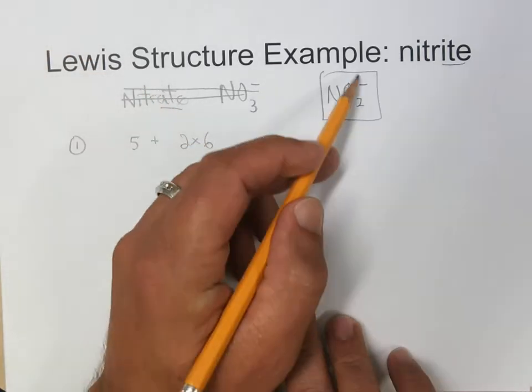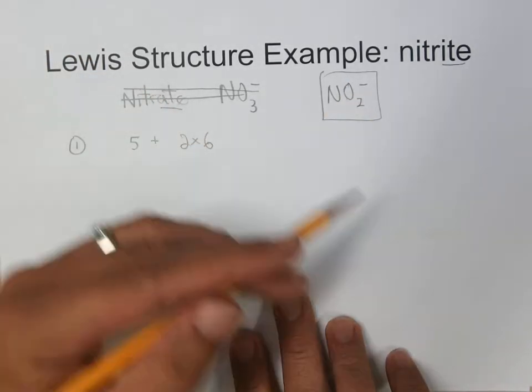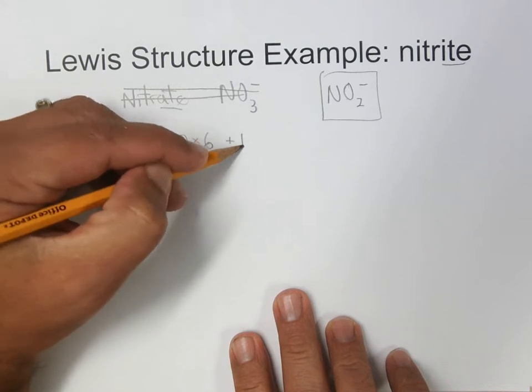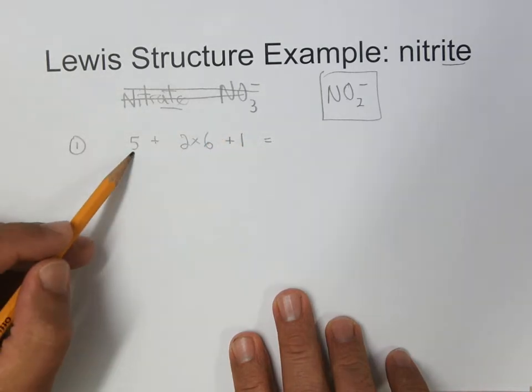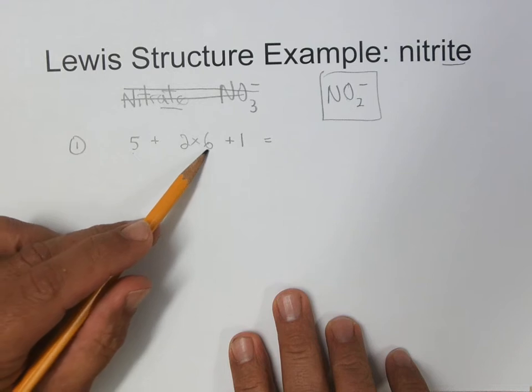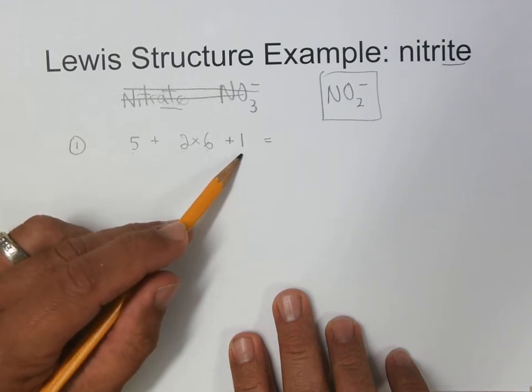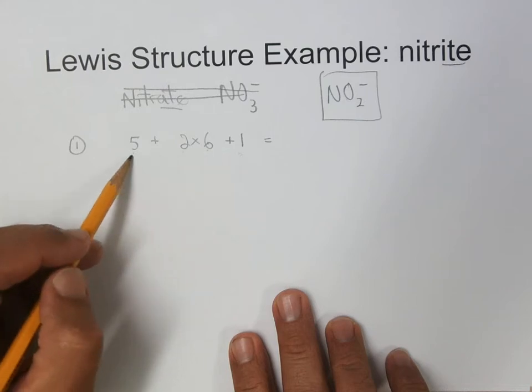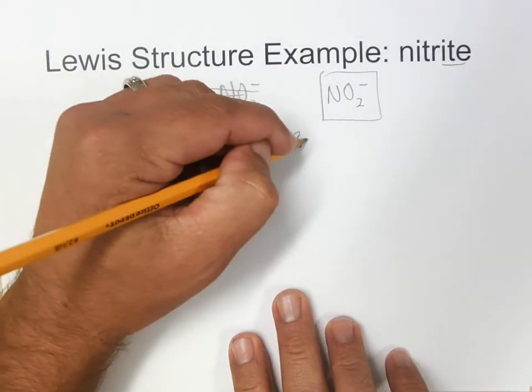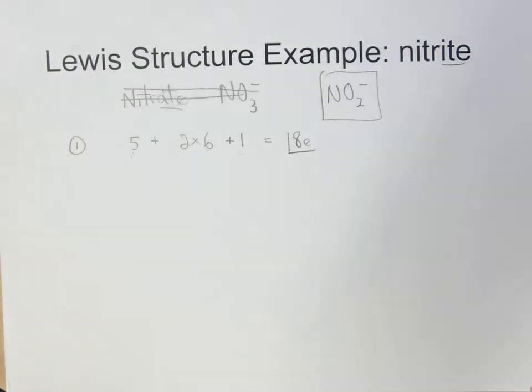And the way something gets to be negatively charged is to gain an electron. So we have 5 electrons from the nitrogen, 6 from each of the 2 oxygens, and 1 to make the negative charge. So 12, 13 plus 5, we have 18 electrons that need to go into the Lewis structure to have the right number of valence electrons.